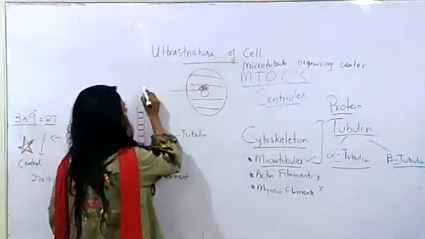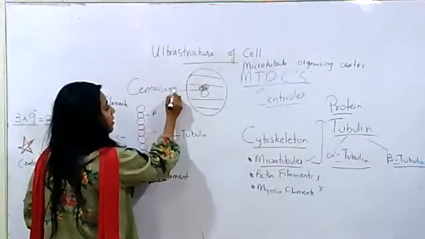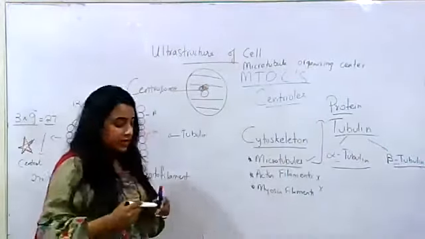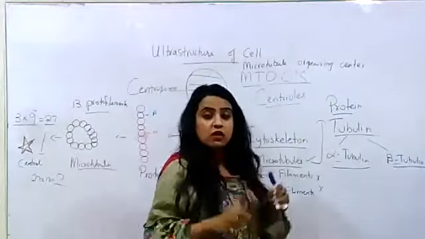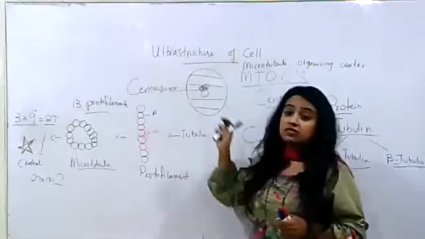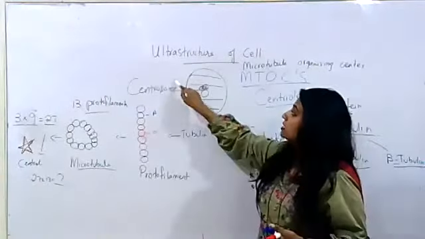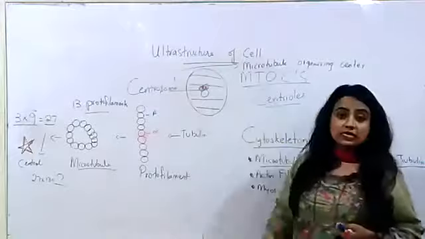And this area is called a centrosome. So what is a centrosome basically? Centrosome is an area rich in microtubules, the area that contains centrioles. And this centrosome actually is the microtubule organizing center.